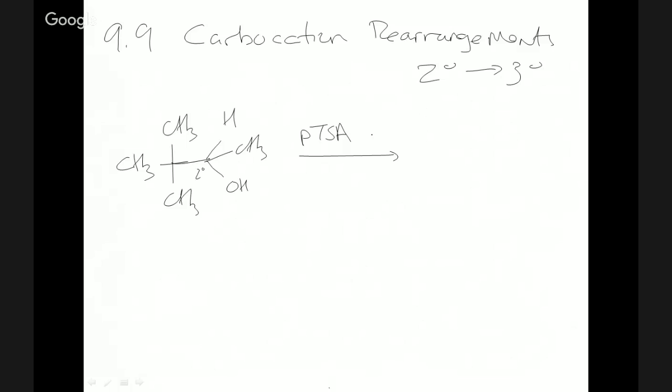And we're going to get a product that isn't inherently obvious. If we go through the mechanism and say this is the major product, it's confusing. Okay, we're going to protonate that, and we'll go through the mechanism. So it undergoes a carbocation rearrangement.